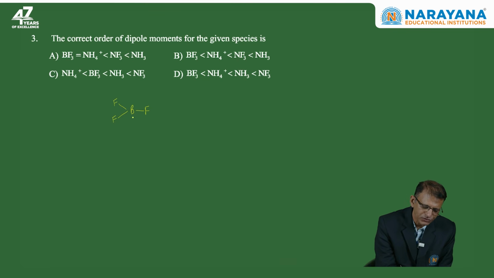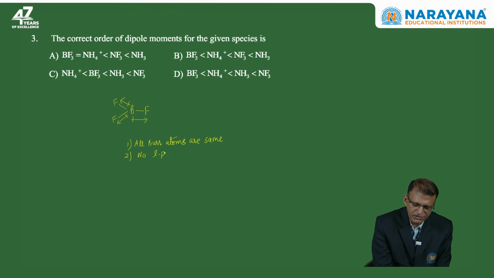If we try to place the dipole moment vector, it is from the less electronegative atom to the more electronegative atom, and because of symmetry at the central atom, all surrounding atoms are the same, and there is no lone pair. So because of symmetry, the dipole moment is equal to 0.